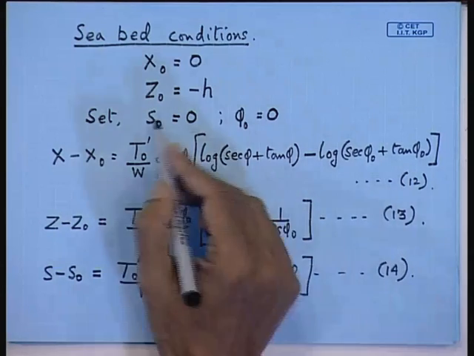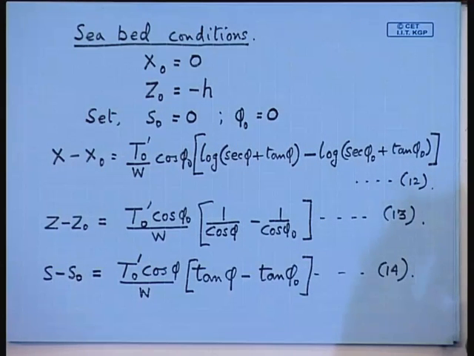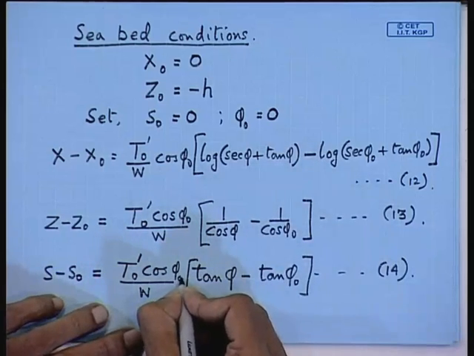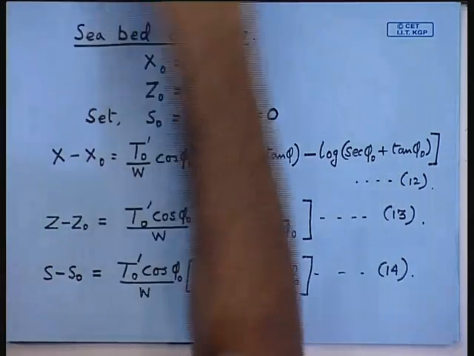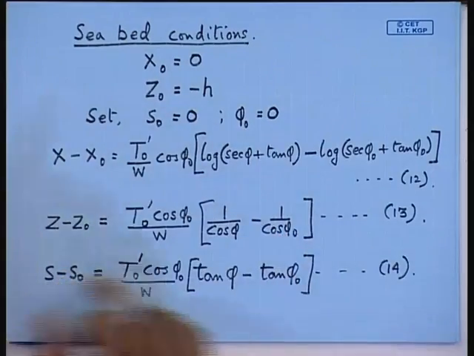Now you simplify with these seabed conditions. In the expression for S minus S naught, cos phi naught is how much? And remember, you are starting with S naught equal to 0.